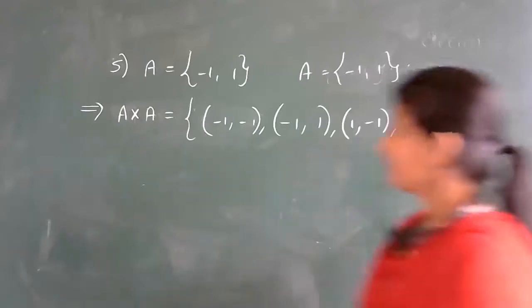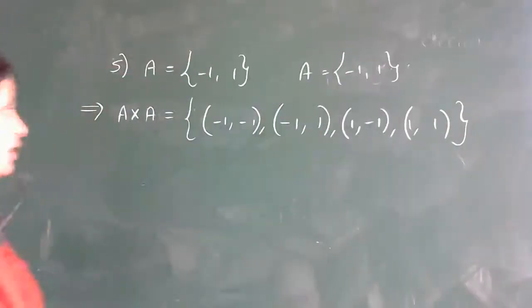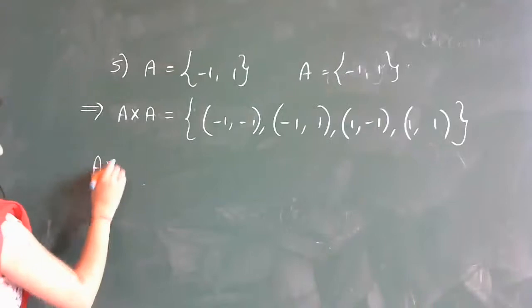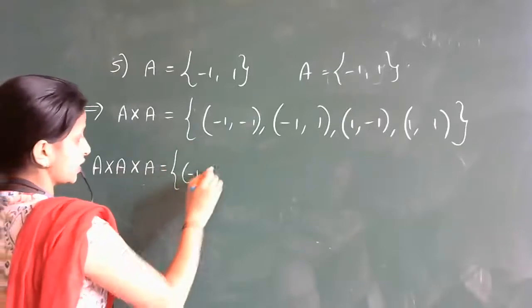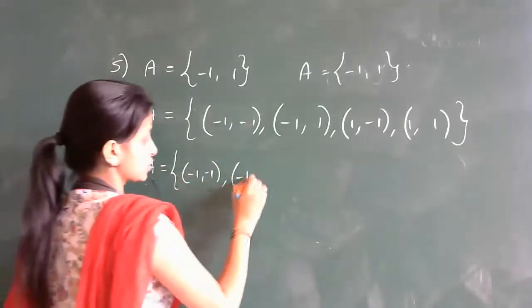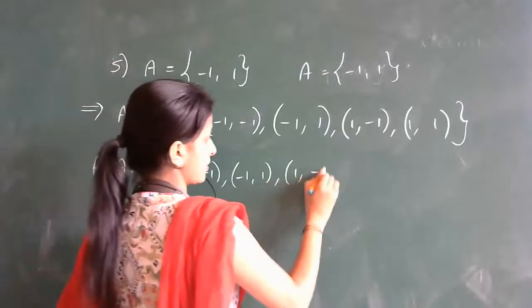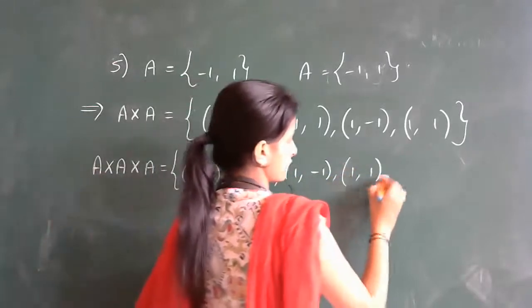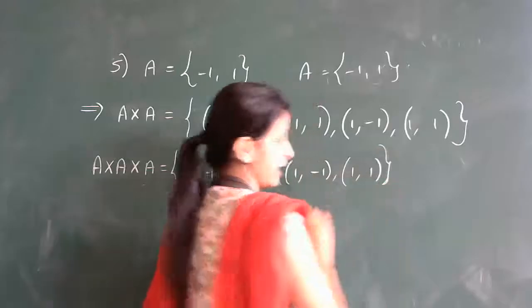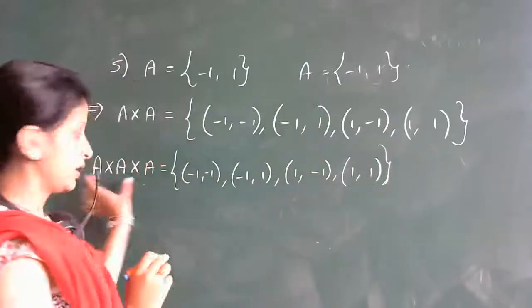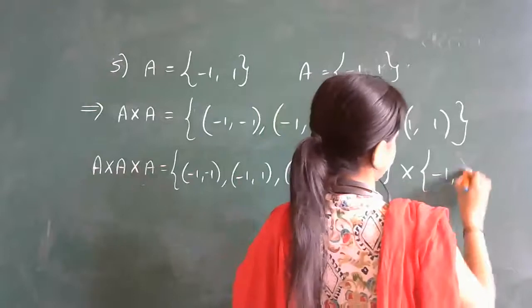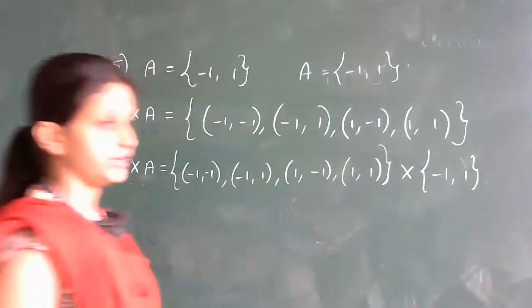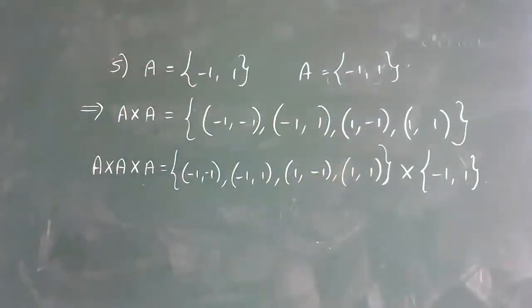Okay. Now let us find the Cartesian product. Now we will add one more set to this: A cross A cross A. So you will write this set as it is, that is minus 1 comma minus 1, minus 1 comma 1, 1 comma minus 1, 1 comma 1. So this is A cross A, cross A. Now observe here, students.